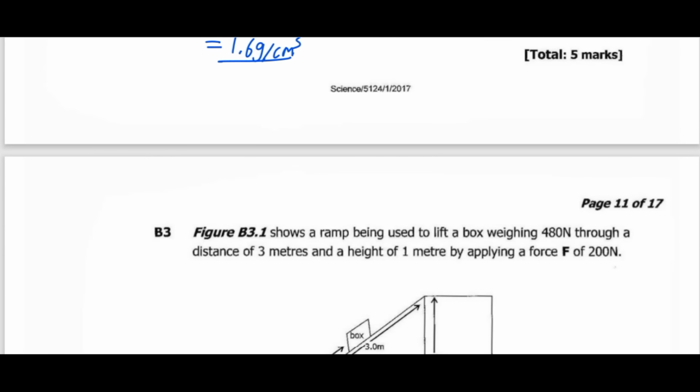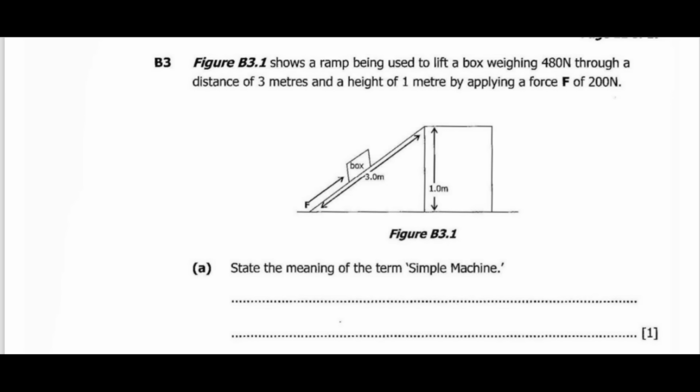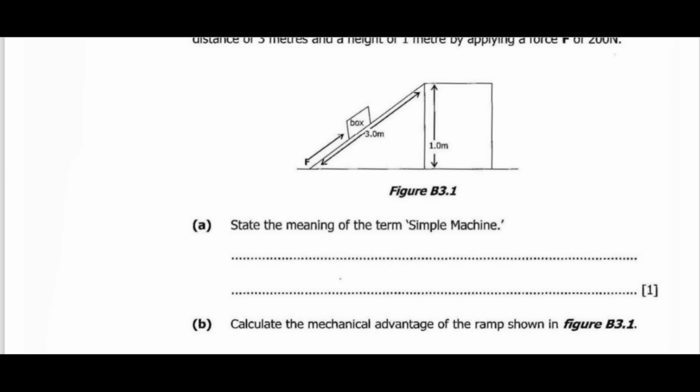So we move on to question 3. Figure B3.1 shows a ramp being used to lift a box weighing 480 newtons through a distance of 3 meters and a height of 1 meter by applying a force of 200 newtons. Now question A, state the meaning of the term simple machine.